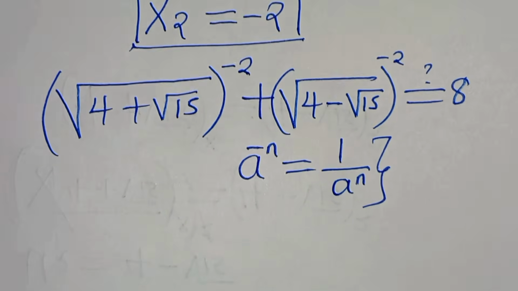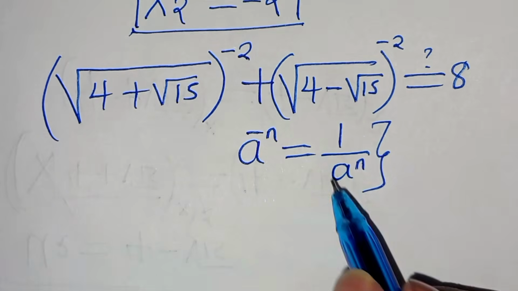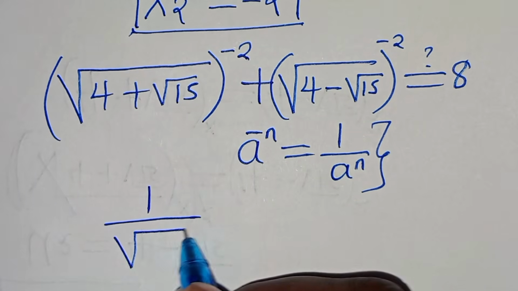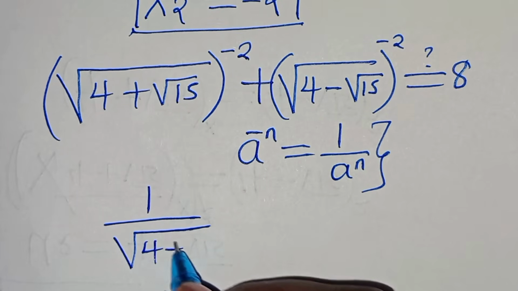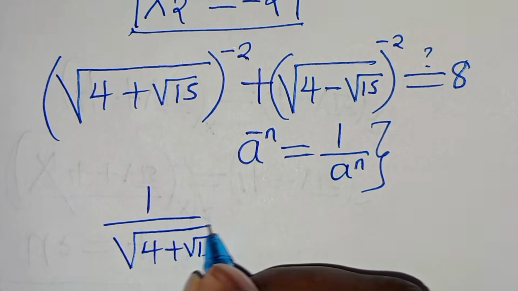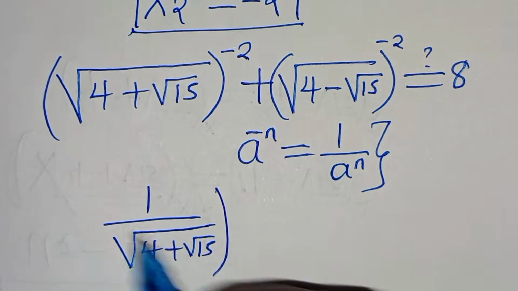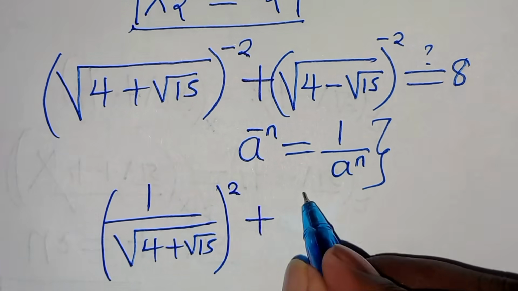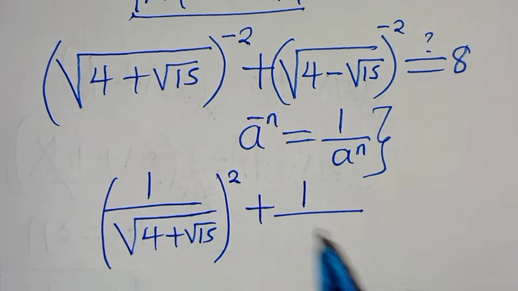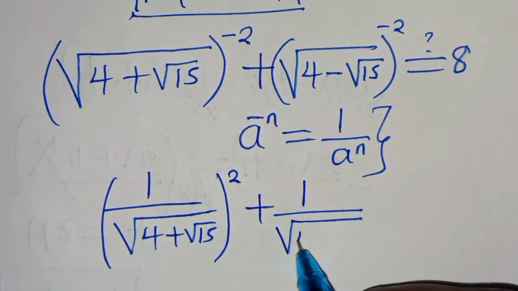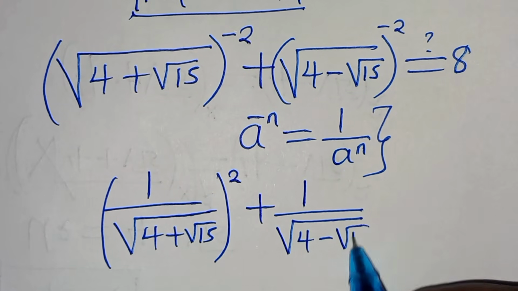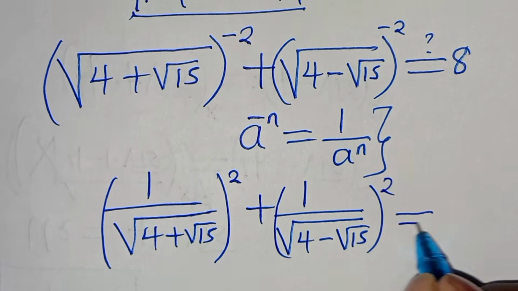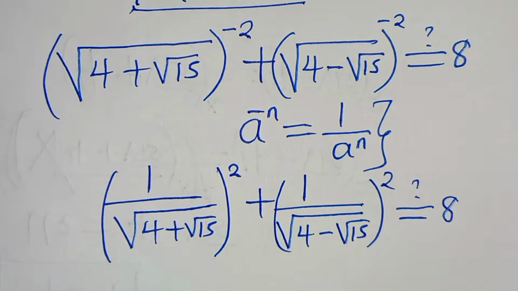Applying this property, we have 1 over the square root of 4 plus square root of 15, raised to the power of 2, then plus 1 over the square root of 4 subtract the square root of 15, raised to the power of 2. This should give us a value of 8.